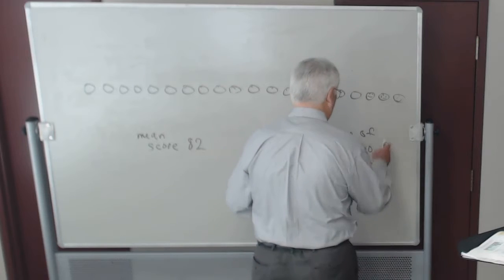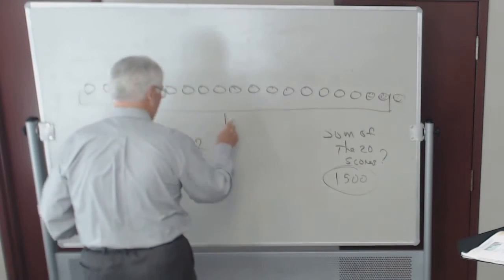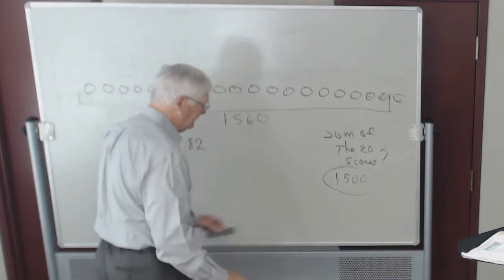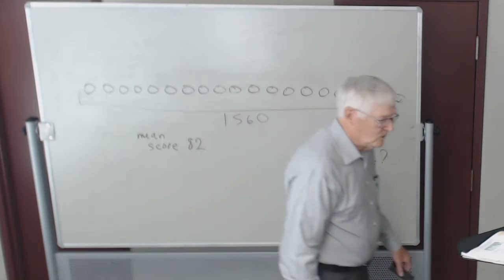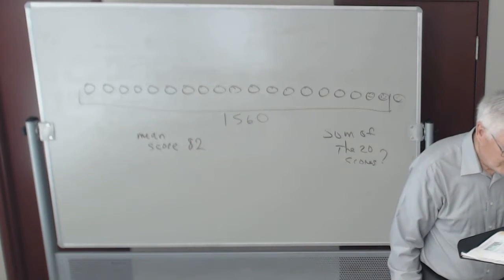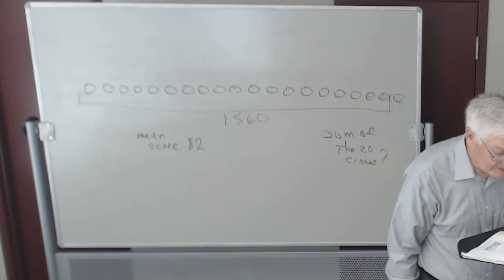So I've got the sum of these 19 is 1,560. Is that right? What was the grade on the lost paper?